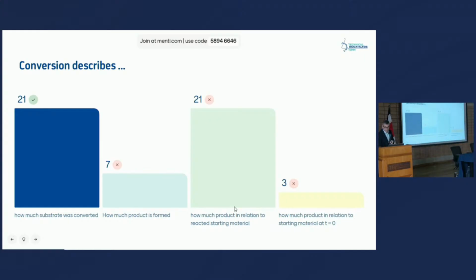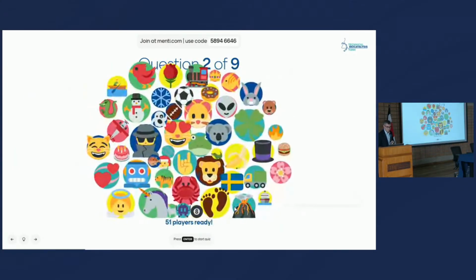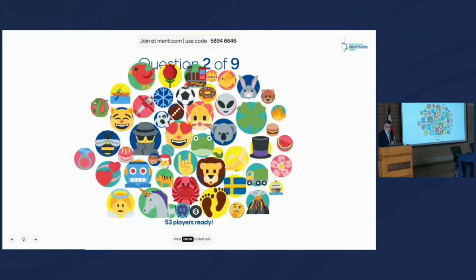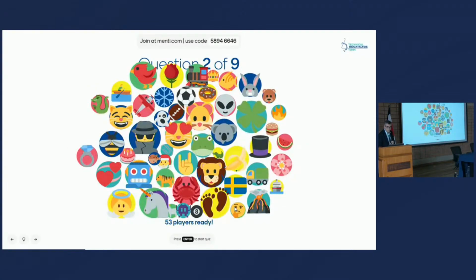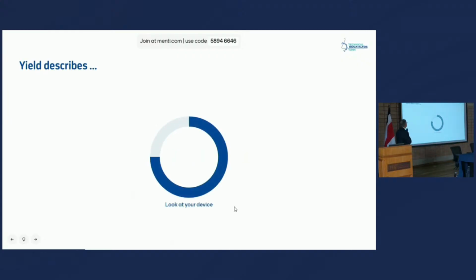Okay, second question. What does yield describe?